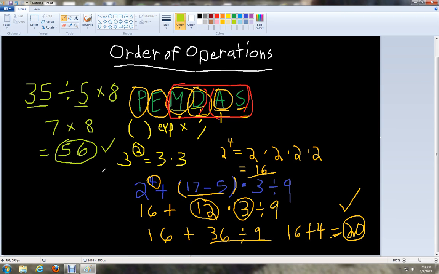And the same is true with the addition and subtraction. So let's do a quick example of that just to make sure we're all on the same page here.